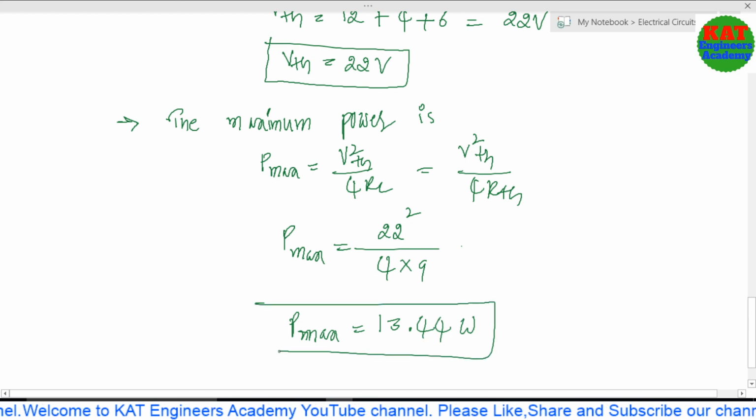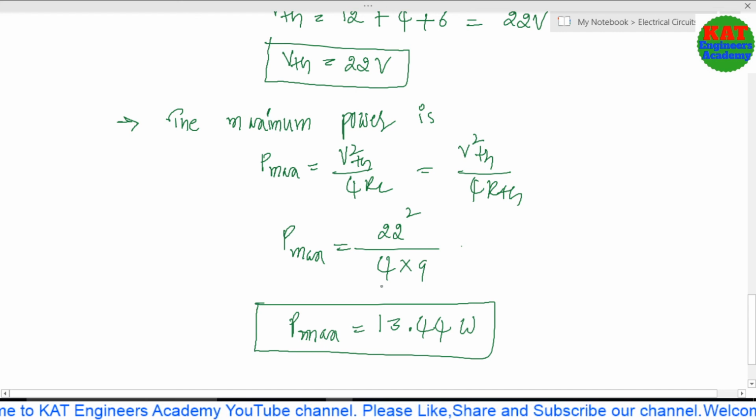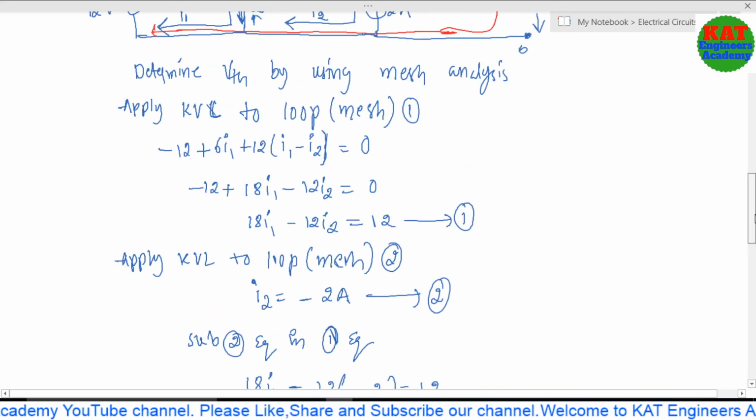Now this is the P max. Okay friends, so by using maximum power analysis we determined the load resistor as well as the P max. Like that we have to solve the problem using the maximum power transfer theorem.